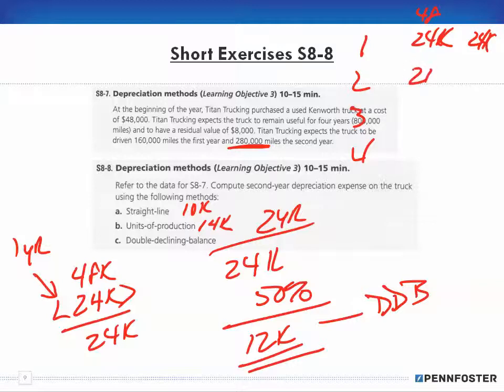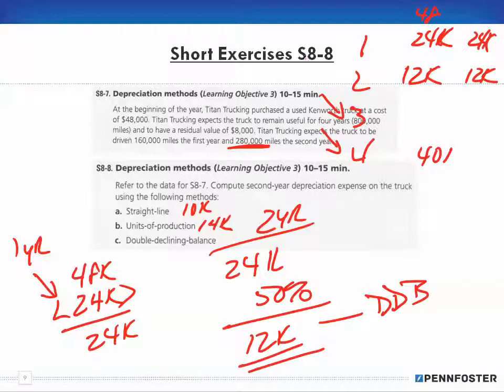Now in year 2, we're at less 12,000, so I have 12,000 left. We're just going to keep on doing the same thing for year 3, and then if we have to, we do it for year 4 until we get down to where we actually have $8,000. So 50% of 12,000 is going to be 6,000.